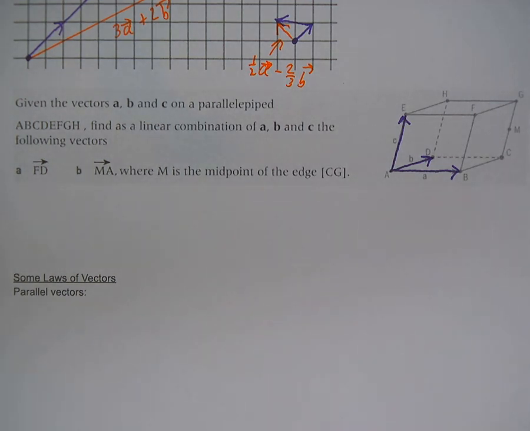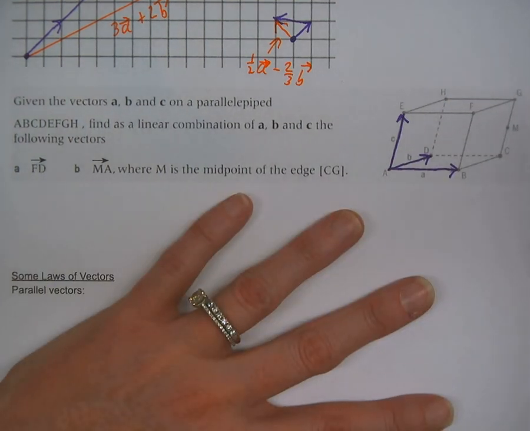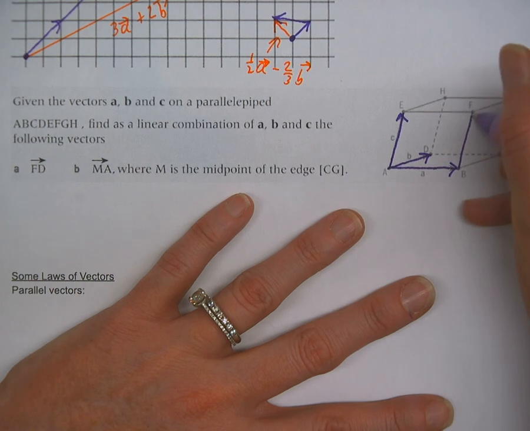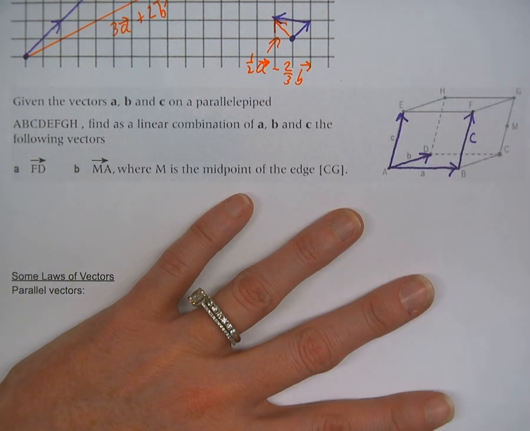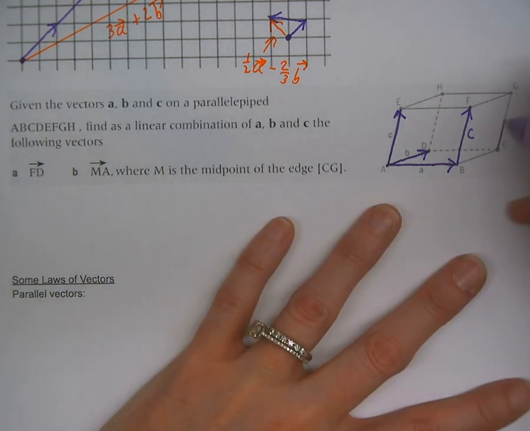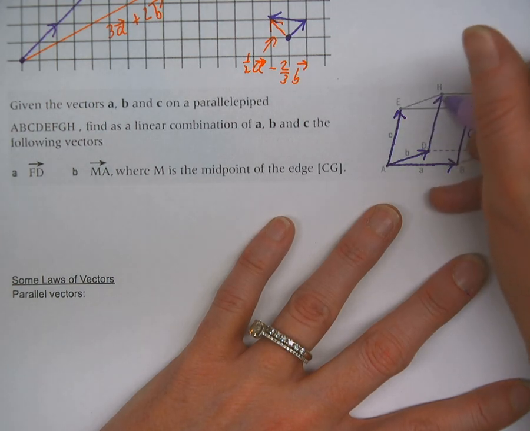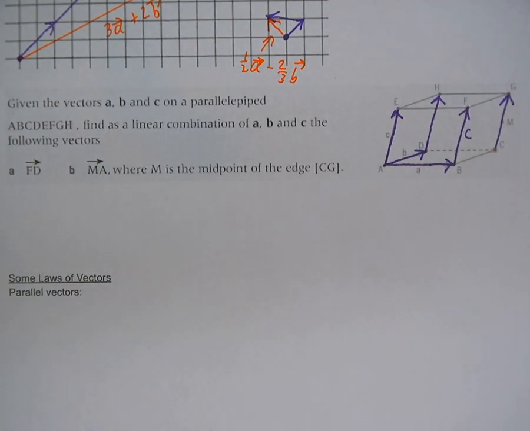No, they're not other vectors. Vector C appears in other places too. For example, this is also vector C. It has the same direction and the same distance. So that would be an equivalent vector, vector C. This would also be vector C. This would also be vector C. So there are four of each of these vectors in this parallelepiped.